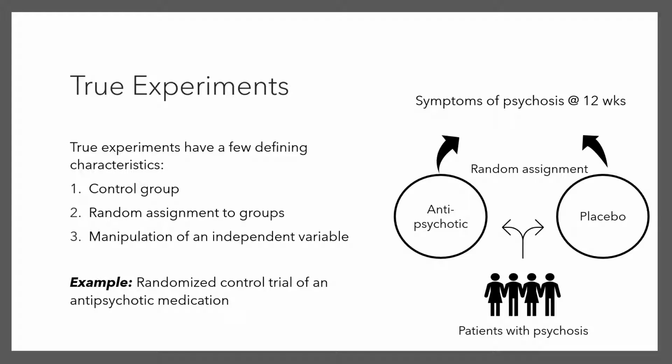At the 12-week mark, all patients' symptoms of psychosis will be measured and the symptom levels of the two groups will be compared to see if the levels of the group who took the new medication are lower than the control or placebo group.